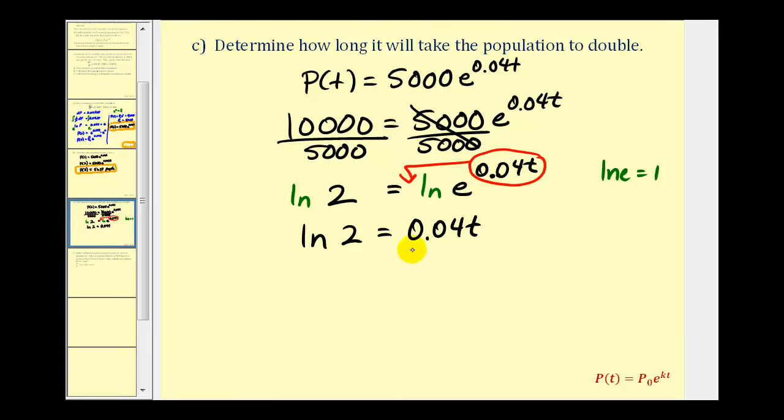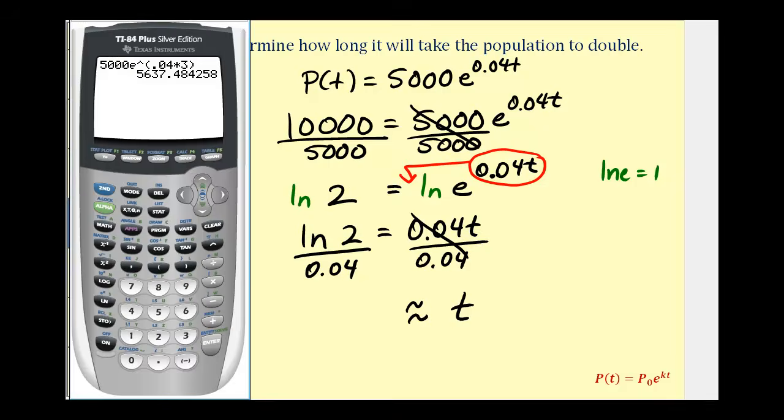So now we just divide by 0.04, and go to our calculator to find the approximate doubling time. So we have natural log 2 divided by 0.04, which happens to be our growth rate. So the doubling time is approximately, let's say, 17.3 years.